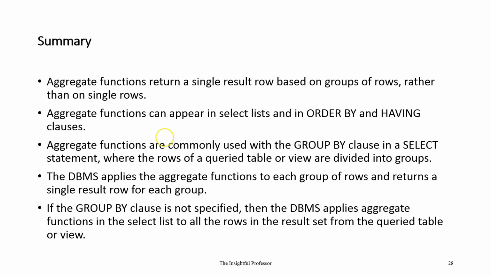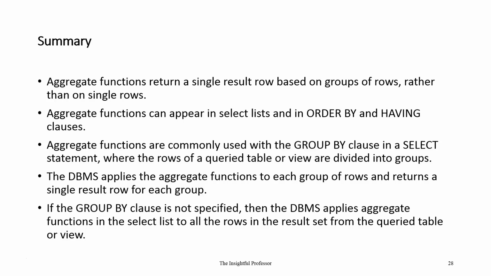Now, we've said that aggregate functions return a single result row based upon a group of rows rather than on single rows. So many go in to the function, one comes out. Aggregate functions can be used in the select list, also in the order by and the having clauses, and we've seen that. I'm not sure I demonstrated it with the order by, but I believe you get the idea.